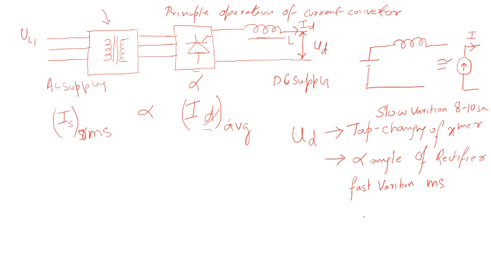Now, if we see here, this is the whole picture of your control. Basically, we have installed a transformer because of the slow variation.